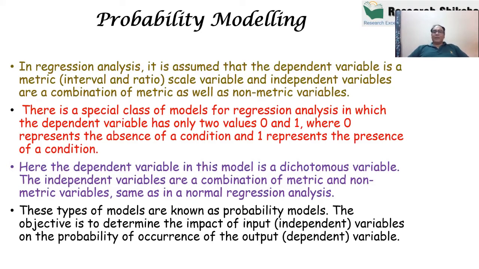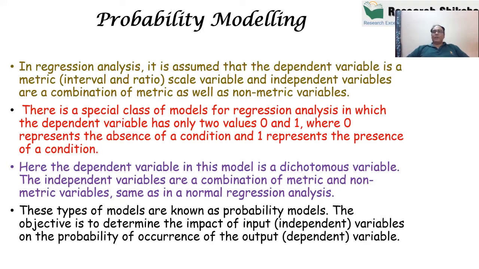So the first thing, I think this is clear to you. The second point mentioned here: there is a special class of models for regression analysis in which the dependent variable has only two values, 0 and 1, where 0 means absence of a condition and 1 means presence of a condition.